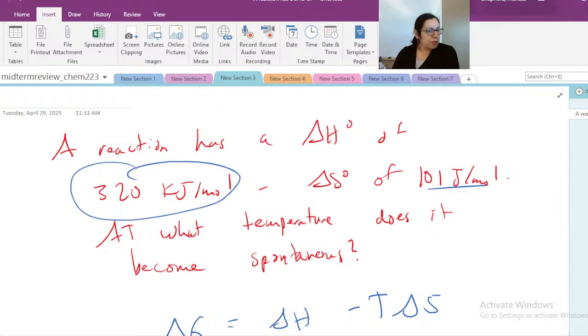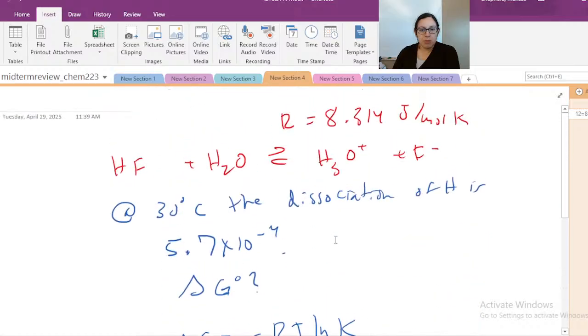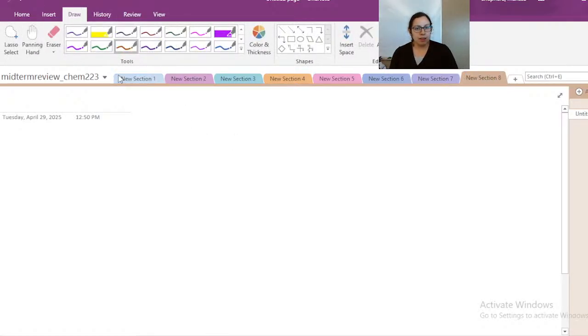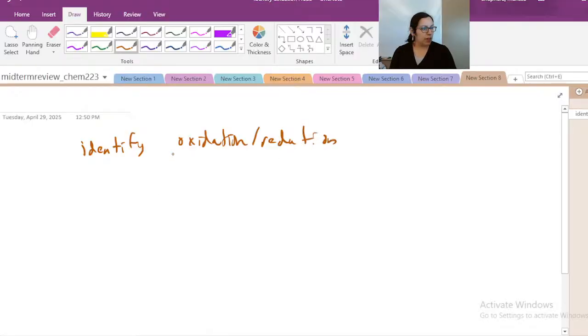You'll have this type of reaction. You'll have this type of problem, since we went over it. And then the last bit will just be identifying oxidizing or reducing agents. That will be a skill. So identifying oxidation, reduction, or the agent.